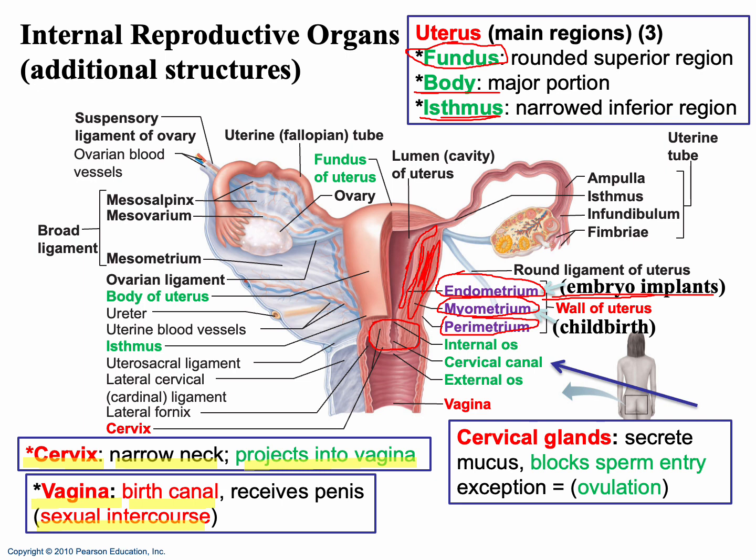So many important functions of the vagina. And then there's also cervical glands which secrete mucus near the cervix, which blocks sperm entry up into the uterus, except during ovulation. So very important, of course, to know the functions of these various structures.